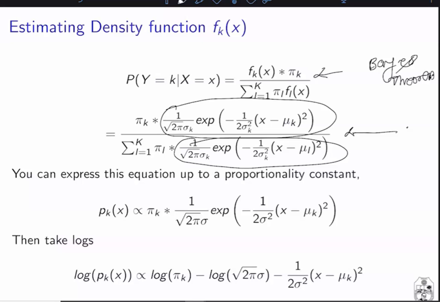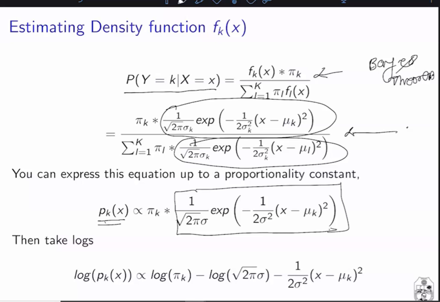We can see that in this equation, the classification probability or the posterior probability is denoted by p subscript k of x, and I have converted this equality into a proportionality. This means that this equation depends largely on this term, that is nothing but the density function.